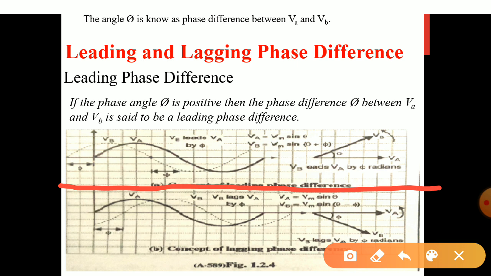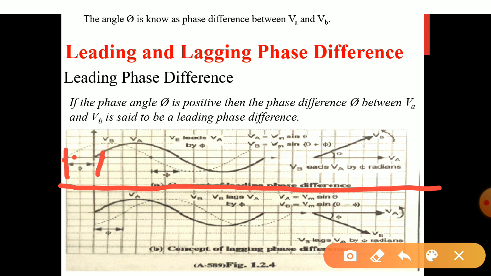In other words, we could say that VB is leading voltage VA by phi. VA is starting from the origin and VB has started prior to VA. So how much is the phase difference? Here it is given as phi.